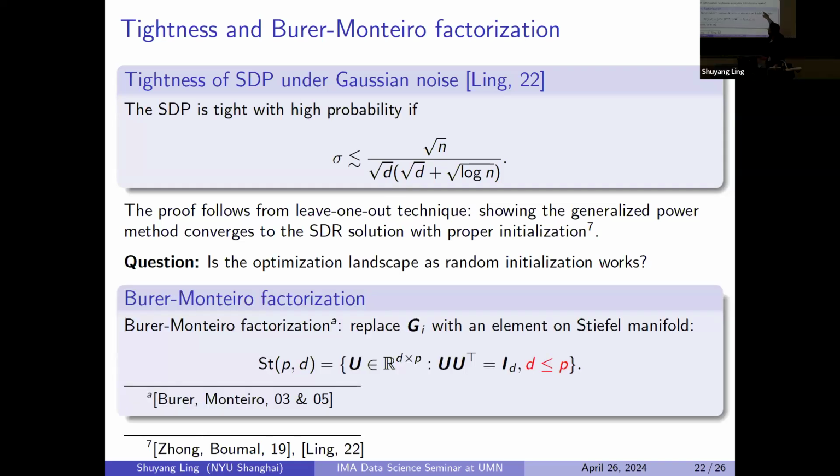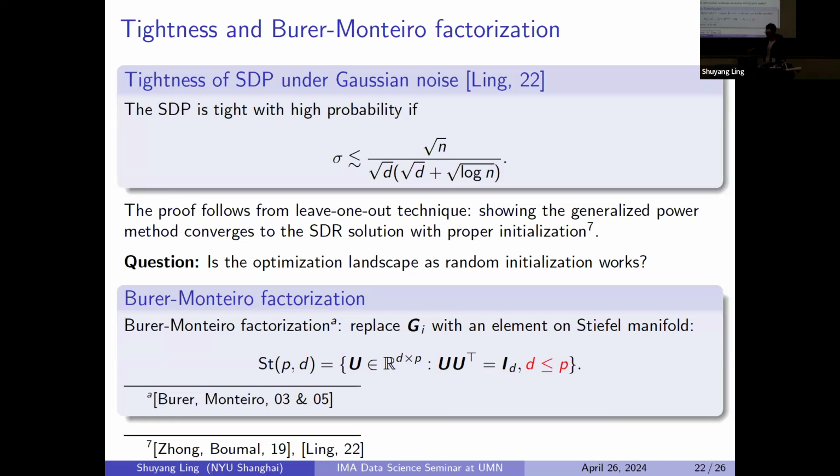So similarly, the question is whether using random initialization will still work. And we want to study the landscape for it. To study the landscape, we try using a different type of Burer-Monteiro, the same Burer-Monteiro, but we replace the orthogonal matrix by a Stiefel manifold, adding a few more columns but ensuring that the rows are orthogonal.